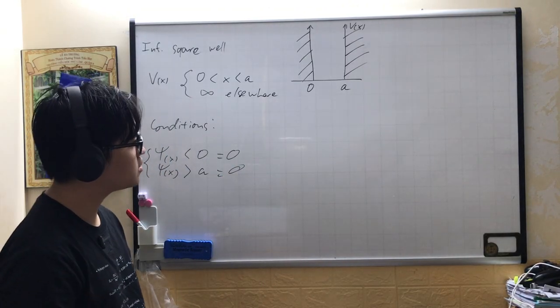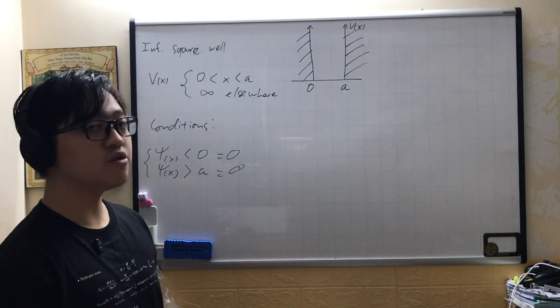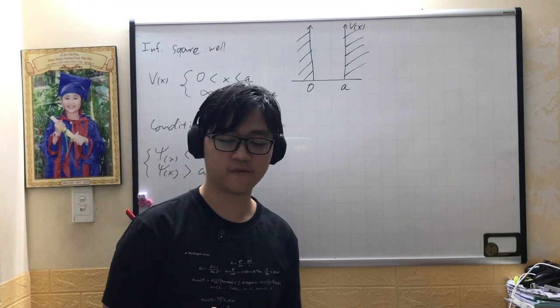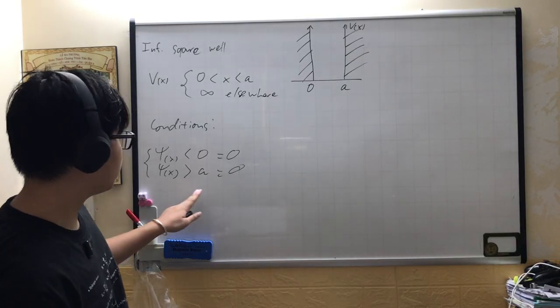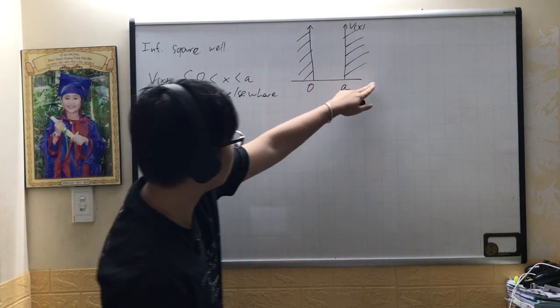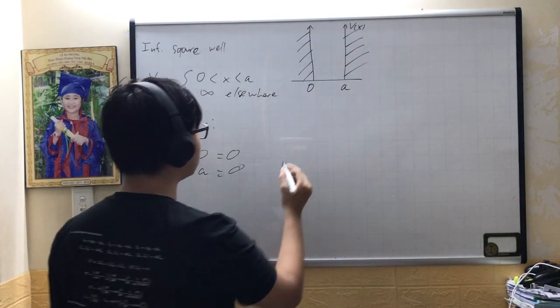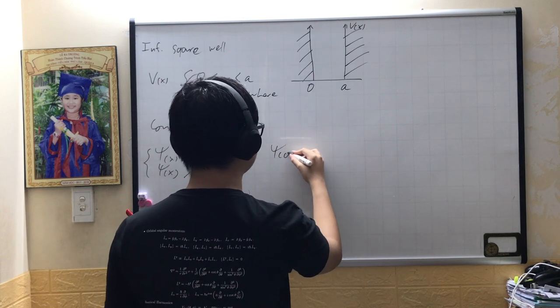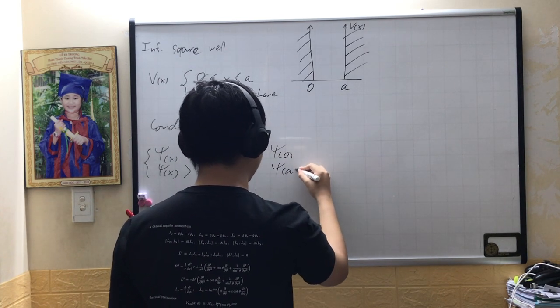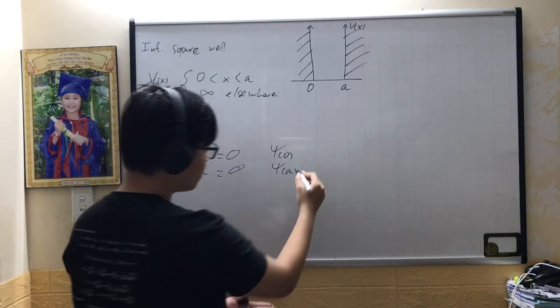The next one is the continuity condition that we mentioned before. We see outside here is 0. Therefore, your wave function at 0 and your wave function at a has to be 0 as well.